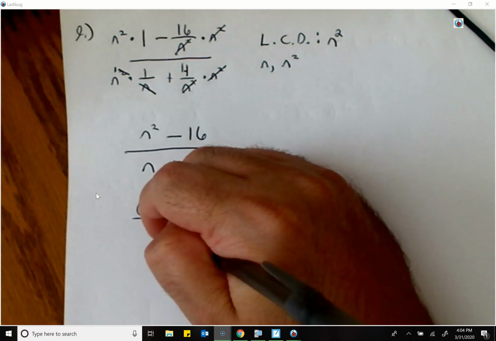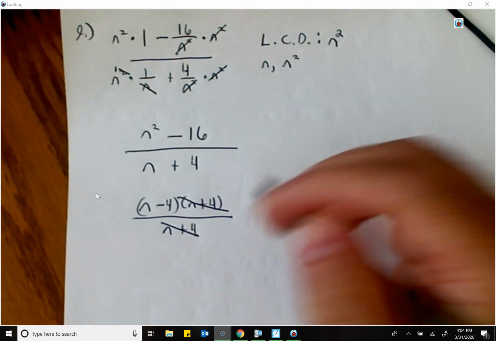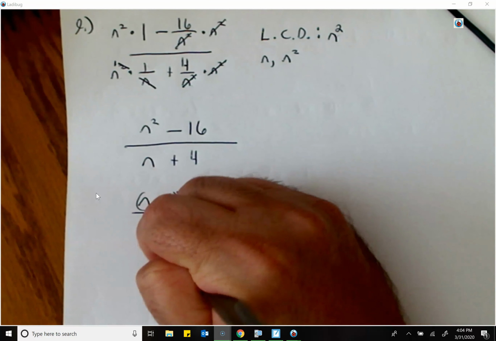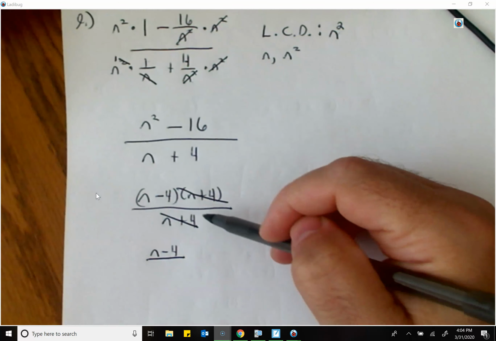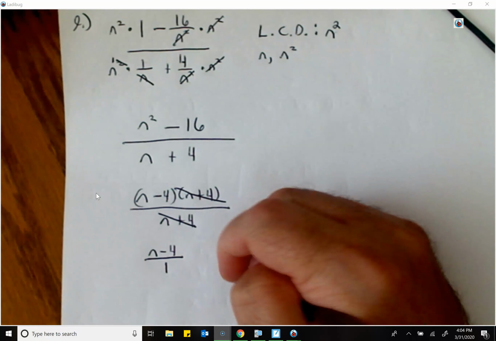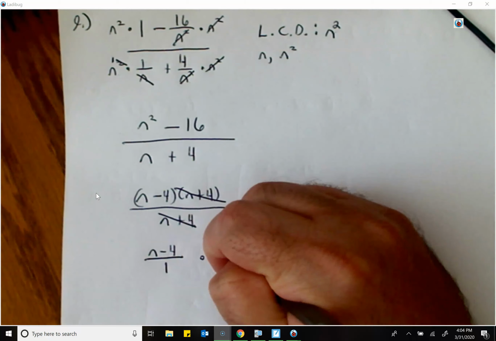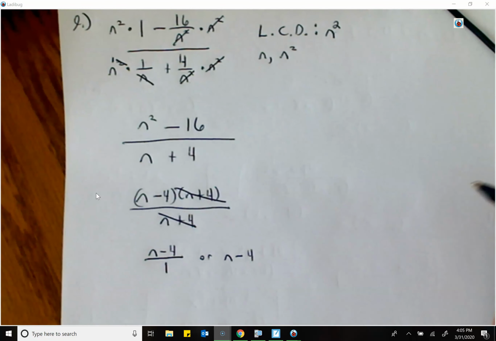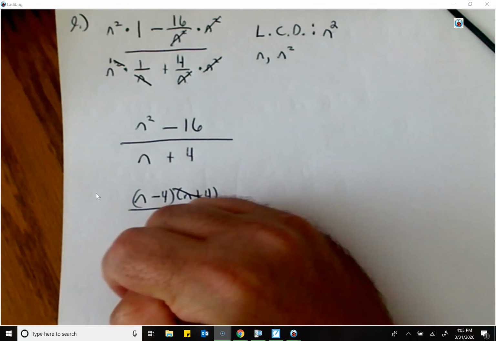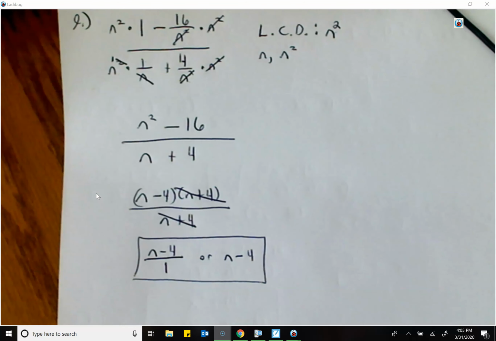What cancels out? The n plus 4s. Leaving us with n minus 4 all over, since this is all gone, it's the number 1. Or you can just call it n minus 4. And there is how we simplify that complex fraction.